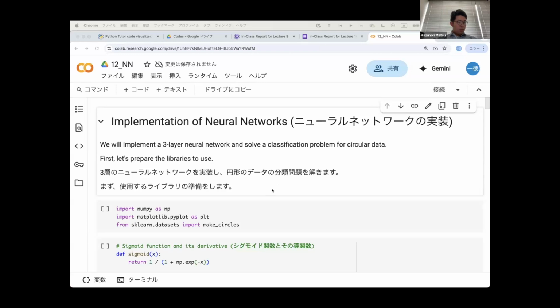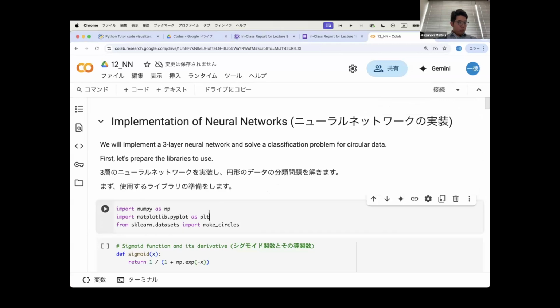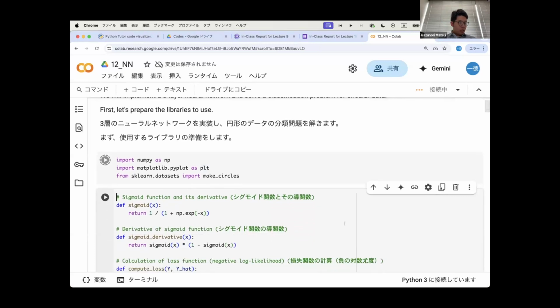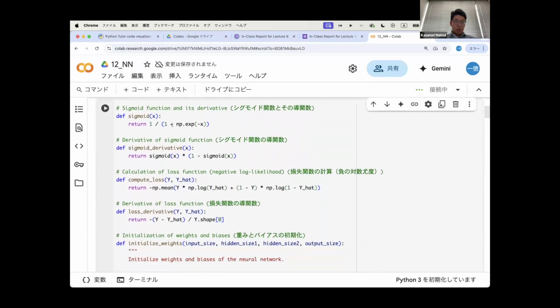Now let's look at the structure of the actual code. First, let's prepare the library as usual. We prepare the sigmoid function and also prepare its derivative.